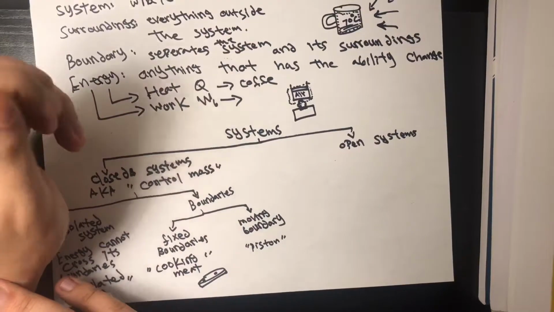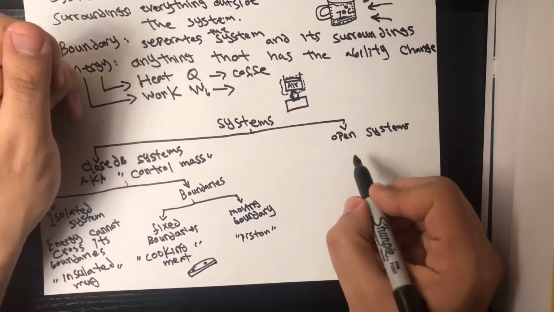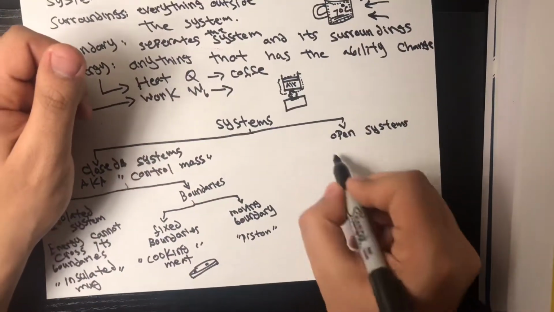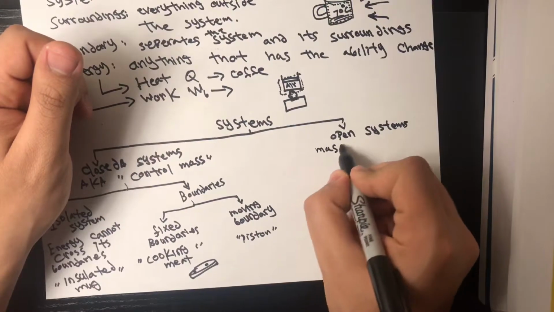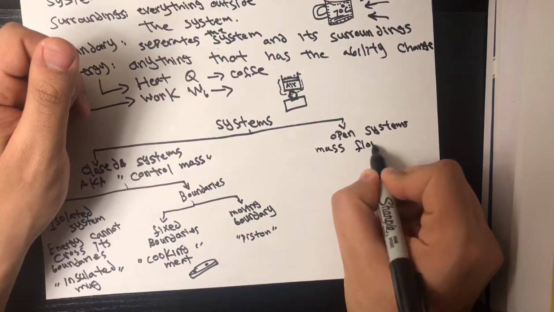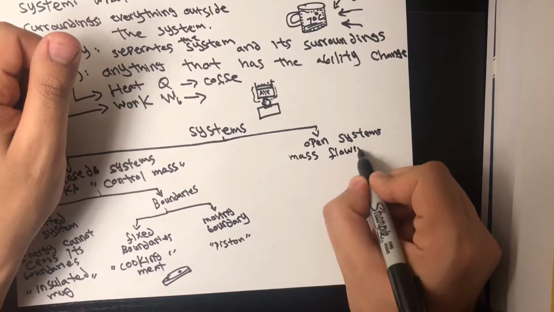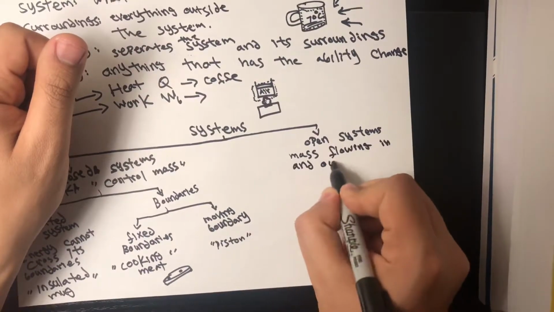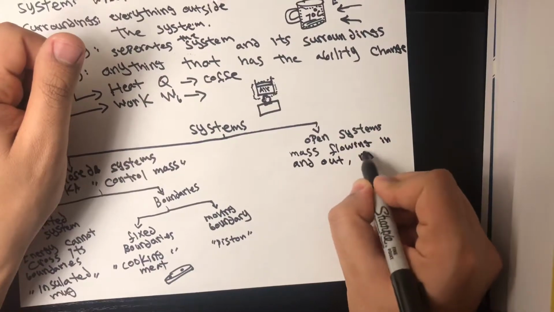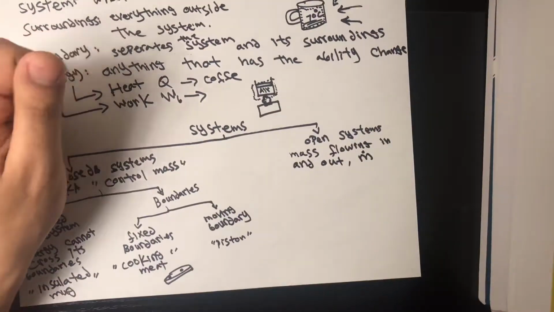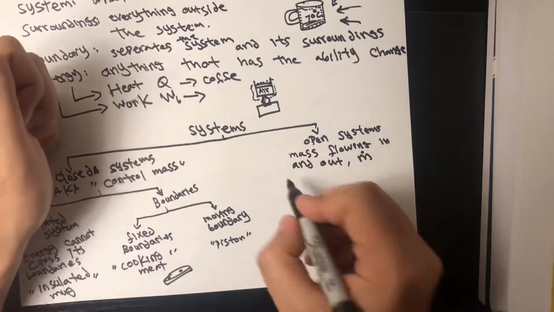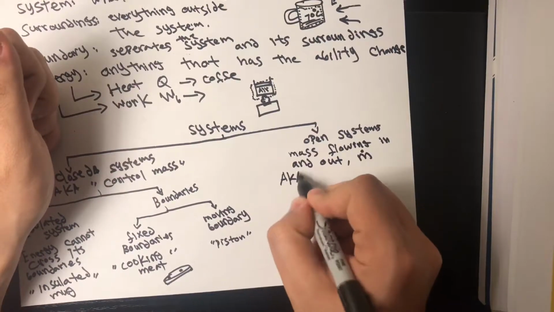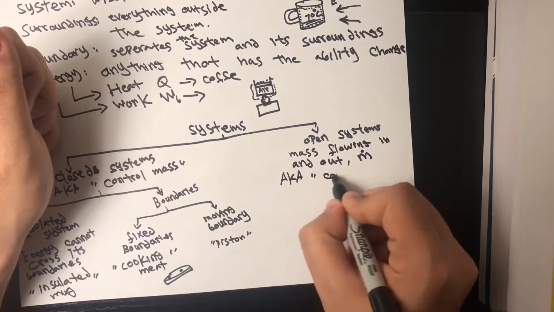So for open systems, this is where you have mass flow. Mass flowing in and out, usually notated with an m dot. We'll get to that later. Also known as control volume.